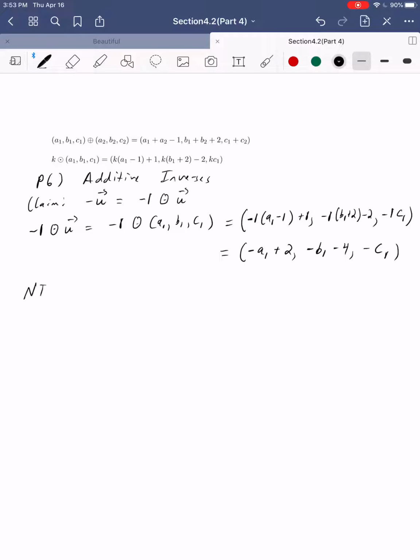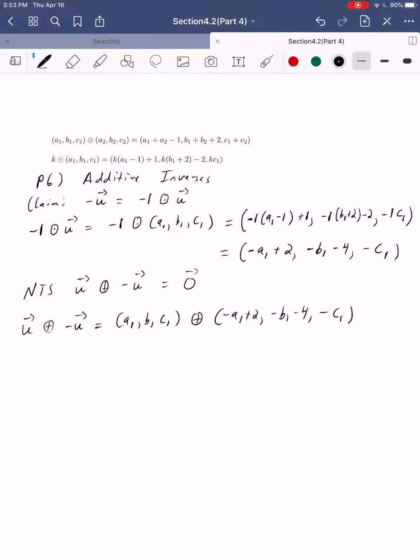So we need to show that u plus -u is actually equal to the 0 vector. So let's go ahead and do that. u plus -u. What is that going to be equal to? Well, according to what we just wrote down, that's going to be (a1, b1, c1) plus this guy here, (-a1 plus 2, -b1 minus 4, -c1).